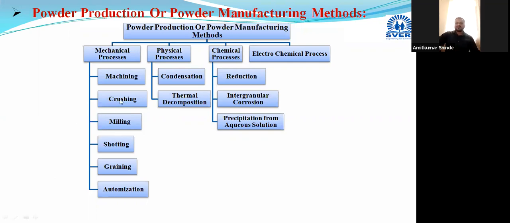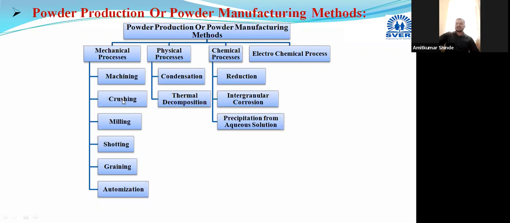Now, during this crushing, what will be the shape of the powder particles? If you have obtained the powder particles with the help of crushing, then depending on the type of the material, we will get different shapes. Here, type of material means whether that material is a brittle material or a ductile material.